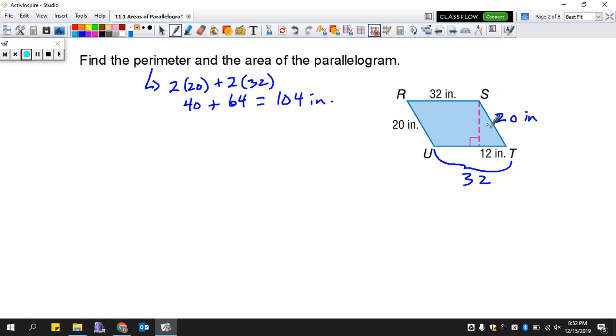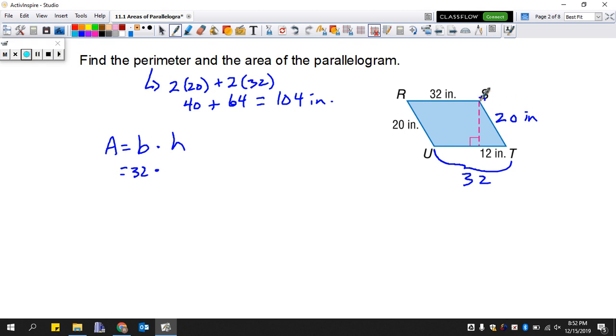Now, to find the area, or the amount of space that it covers, area is equal to base times height. The base here is going to be 32, so that's equal to 32 times the height.